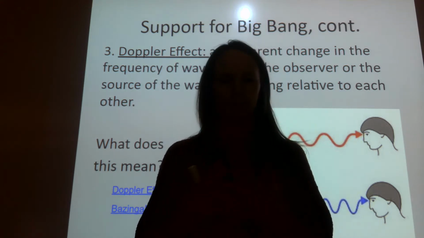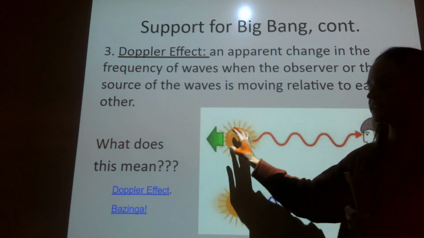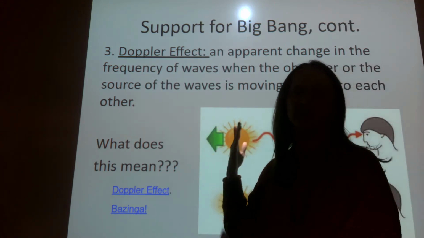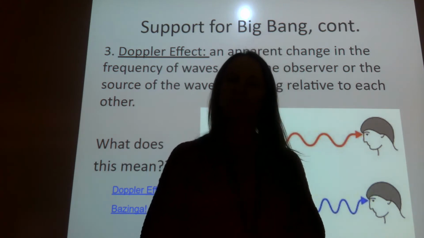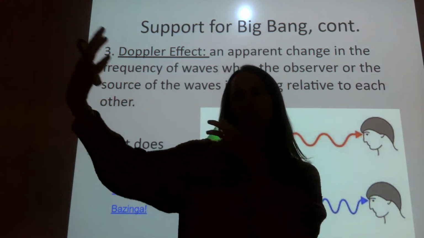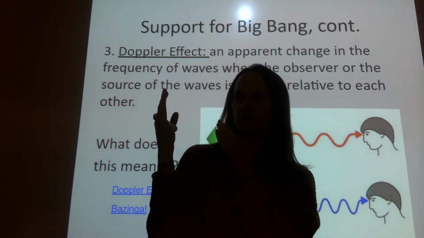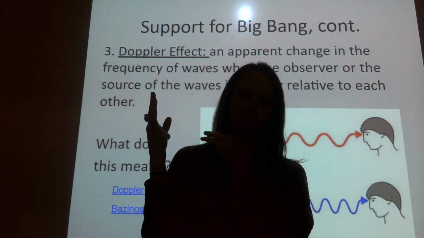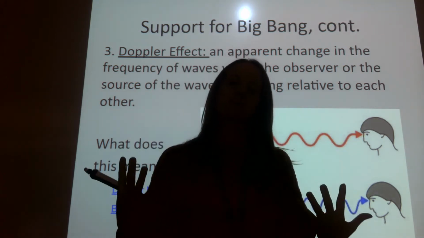Basically, the Doppler effect says that whenever something is emitting light or any kind of wave, in this case, since we're talking about astronomy, light waves, if it's moving away from you or towards you and giving off light, you perceive the wavelength of that light differently than if it were stationary.